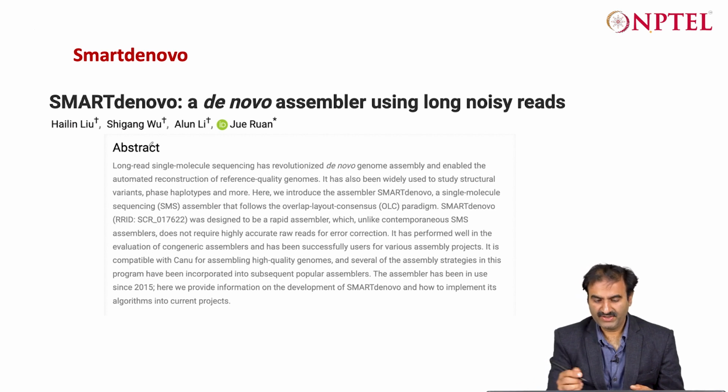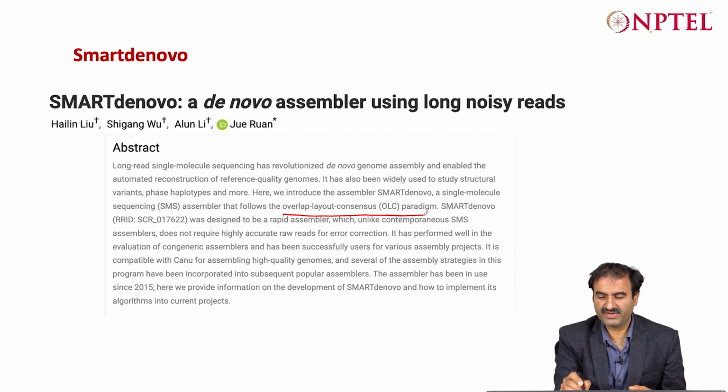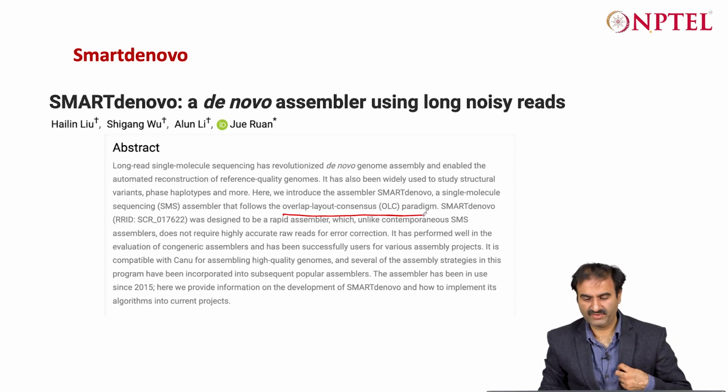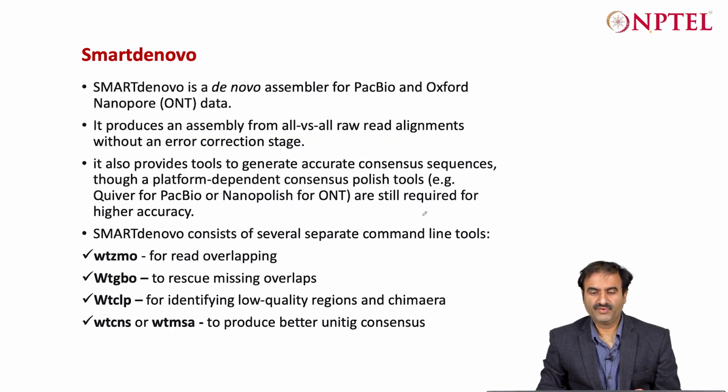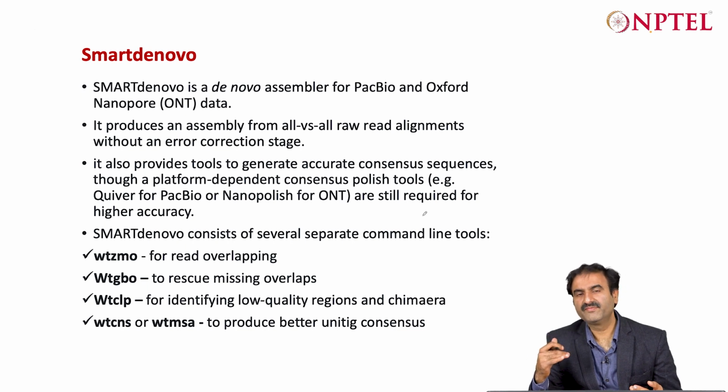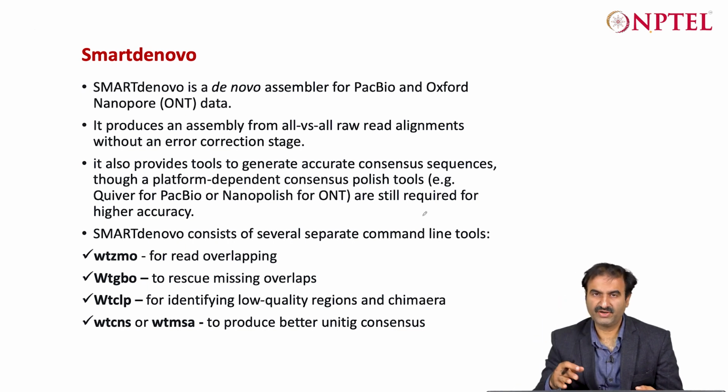It uses an overlap layout consensus algorithm that is used by Flye also, which is commonly used by programs to assemble longer reads. So it's a de novo assembler, and it does all versus all alignments, and then based on looking at the overlap between the reads, it places the reads in that order, overlap layout, basically lays the reads in that order and builds the consensus for that.